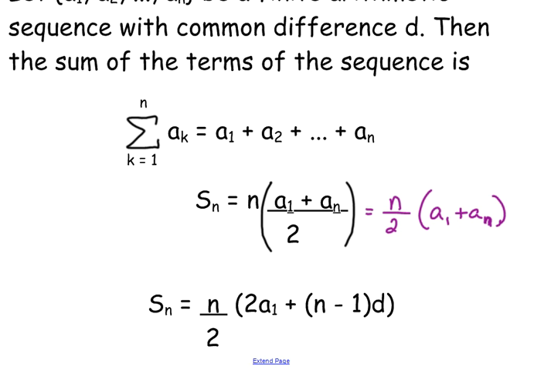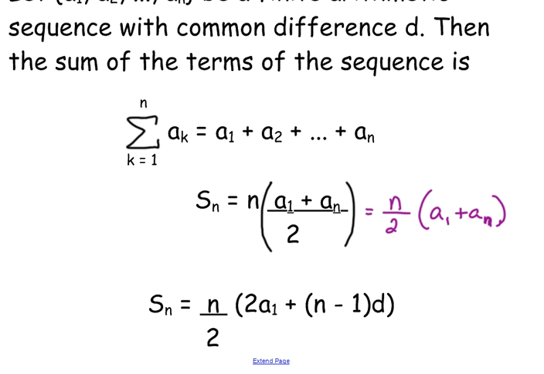So the sum of the n terms, how many terms there are, 5, 10, 20, 100 terms, is found by taking the number of terms, multiplying it by the first term plus the last term, divided by 2. Or, you could also look at the formula as the number of terms divided by 2 times the sum of the first and the last term. Okay?